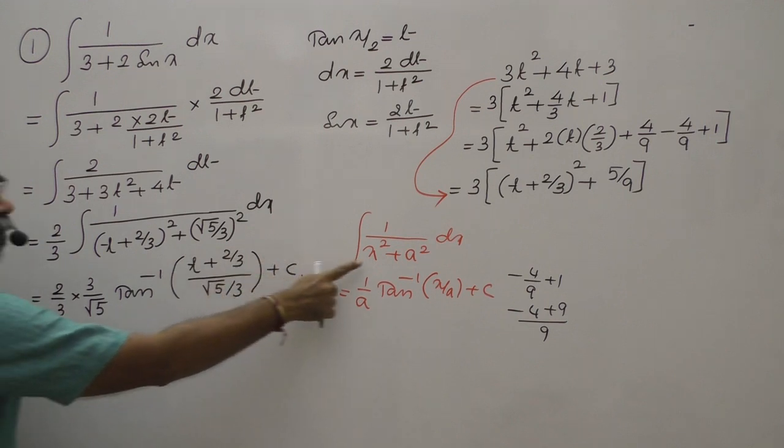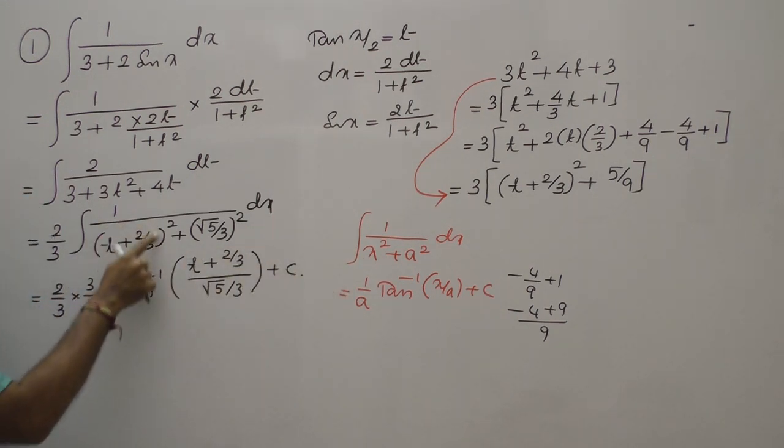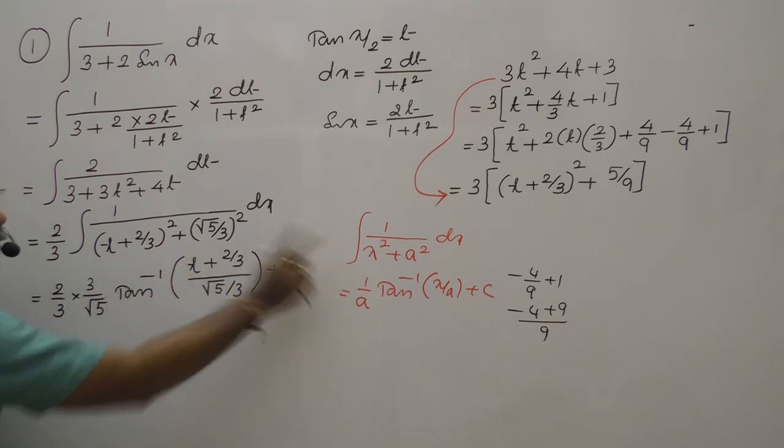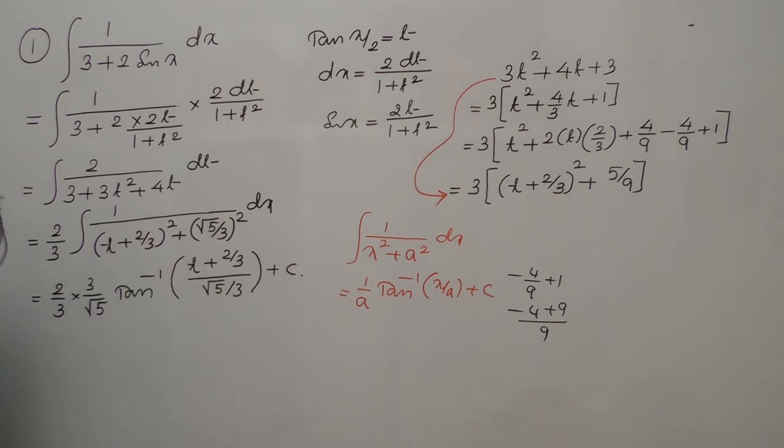When a linear factor is there, this can be applied, but you are supposed to divide by its derivative. What is the derivative of t plus 2 by 3 with respect to t? The derivative of t is 1, of 2 by 3 is 0. 1 plus 0 means 1 only. You are supposed to divide by 1. Dividing by 1 means nothing, no problem.